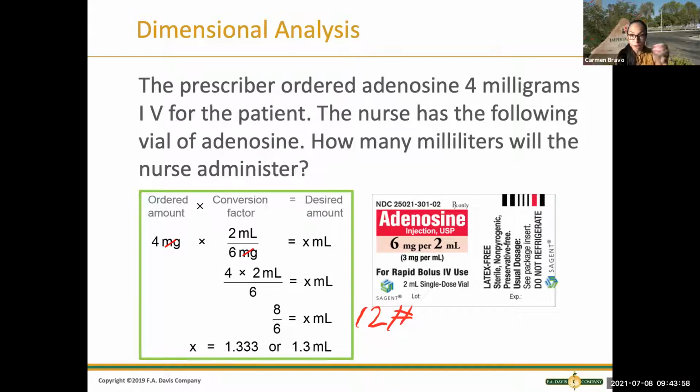Then you have to figure out a way. And before I end today, I'm going to make one of those problems to give you an example of how the whole conversion goes when we add the patient's weight, because it's just adding one more conversion factor to the problem, but it obviously makes it longer.